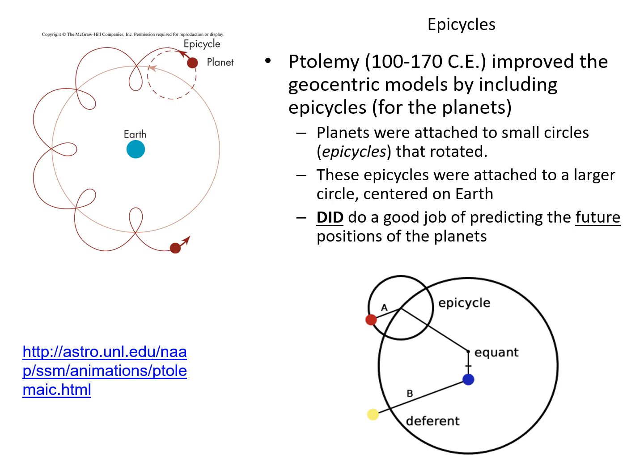One of the first very successful models to actually explain the motion and make good predictions was by Ptolemy in the 1st and 2nd century CE, after the Common Era. And he improved on these earliest geocentric models.